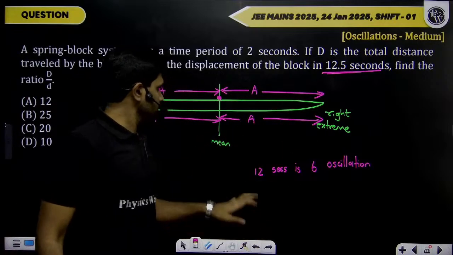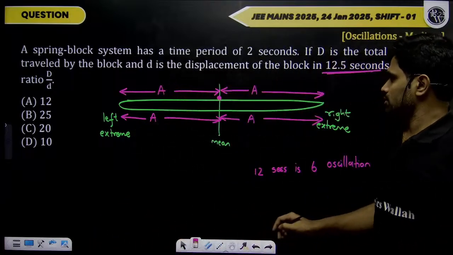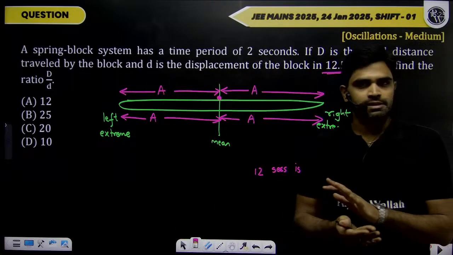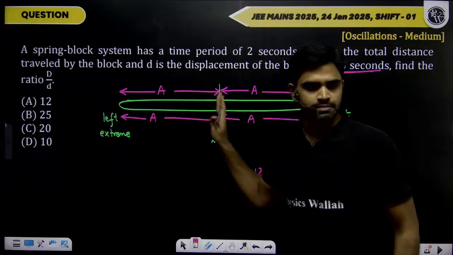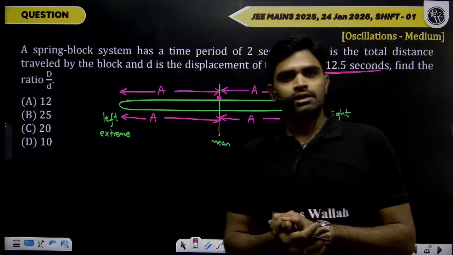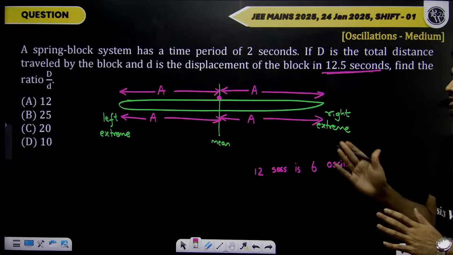And what is the displacement in each oscillation? 0, because it started here and after each oscillation it comes back to the same position.